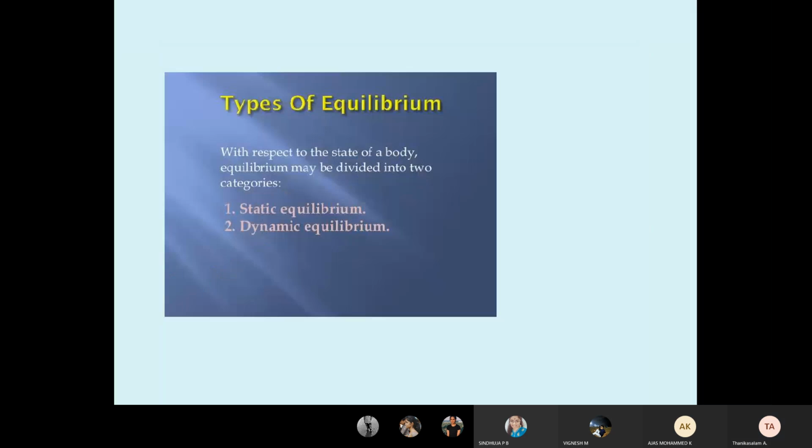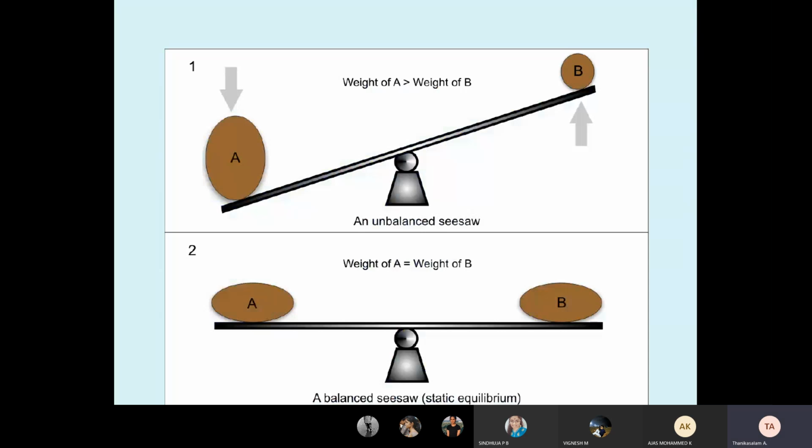There are 2 types of equilibrium. With respect to the state of the body, equilibrium may be divided into 2 categories: static equilibrium and dynamic equilibrium. See here, the body in the second diagram: weight A equal to weight B, so this is static equilibrium. Or we are sitting on the chair. The chair is not moving, we are also not moving.